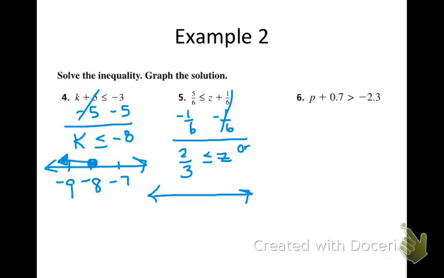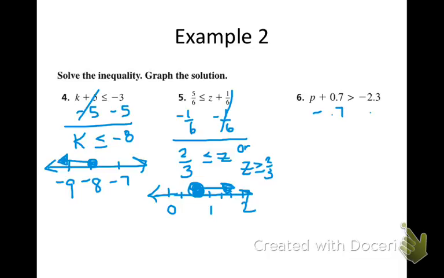You may want to write it with a variable on the left, so z is greater than or equal to 2/3. So 2/3 would be about right here, closed circle, and it points to the right.